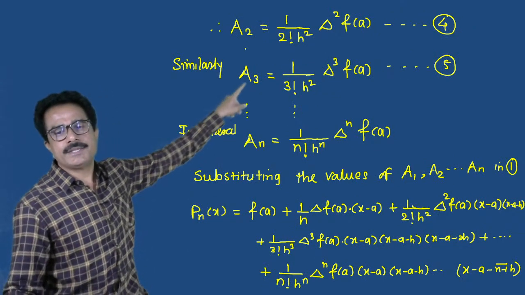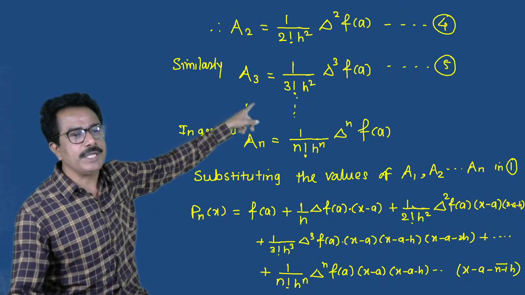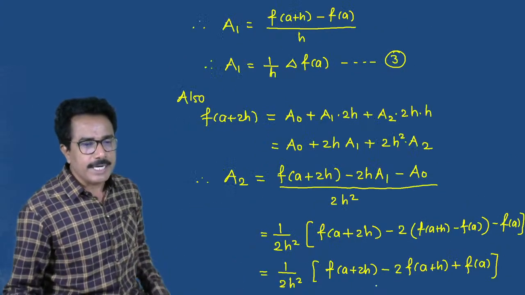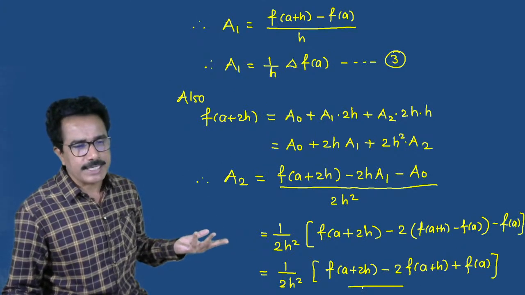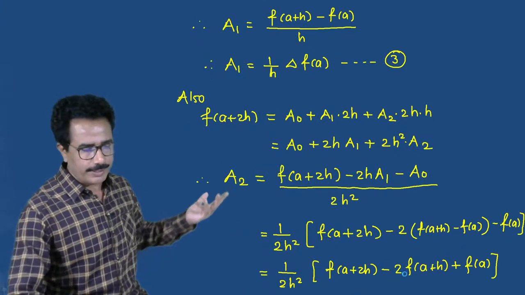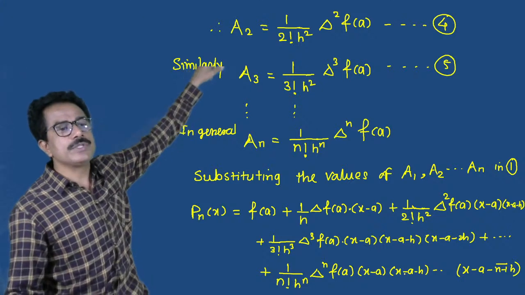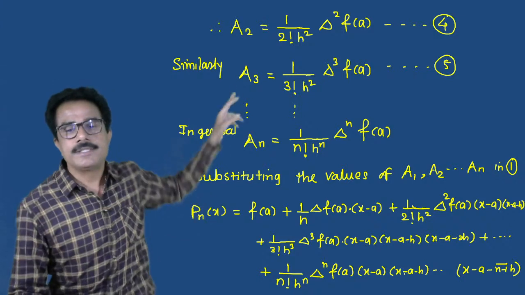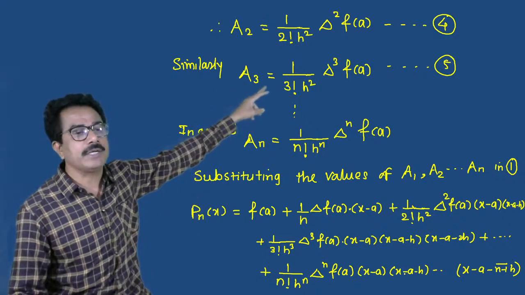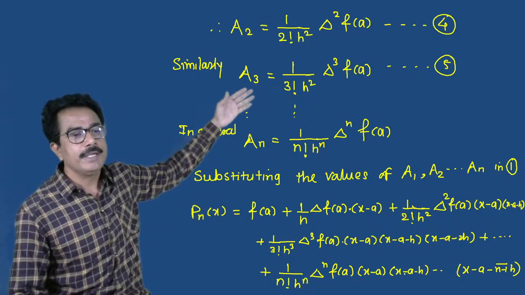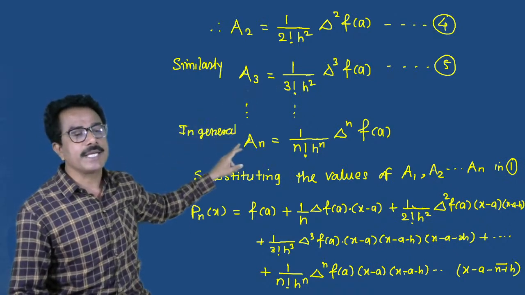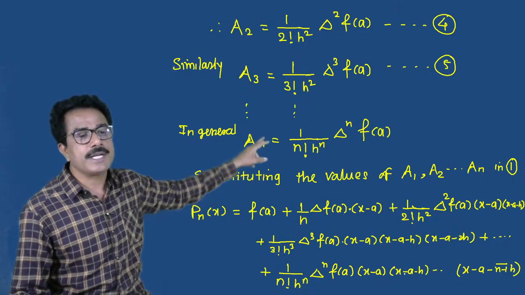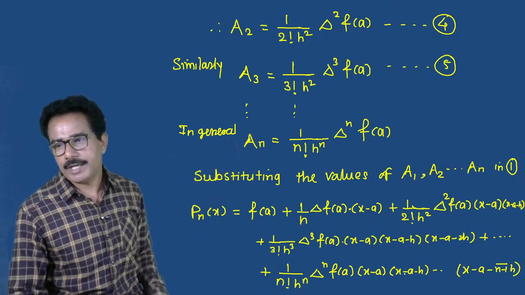So we get A2 is equals to, this is delta 2 f of A. So we can write A2 is equals to 1 upon 2 factorial h square into delta 2 f of A. Similarly, A3 means 1 upon 3 factorial h cube delta cube f of A. Dot dot dot, in general we can write An is equals to 1 upon n factorial h raised to n delta raised to n f of A.